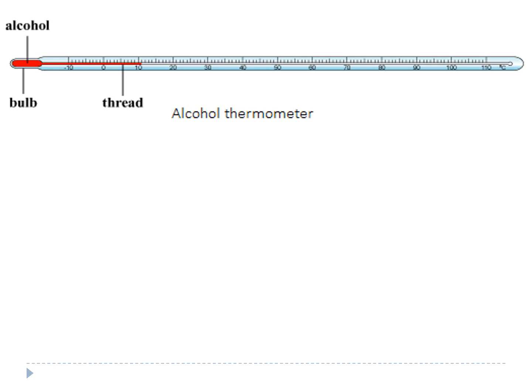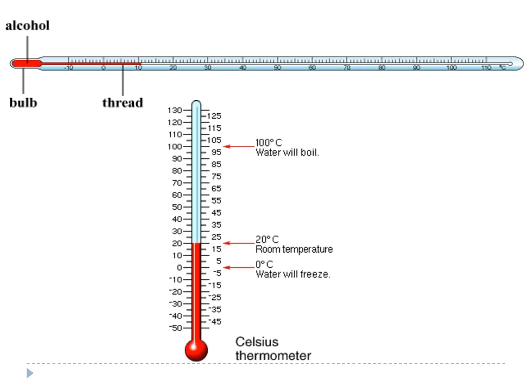The bulb is kept in contact with the object whose temperature is to be measured, so that its temperature becomes the same as that of the object. Because of the increased temperature, the alcohol inside expands and its level in the tube rises. Using the properties of expansion of alcohol, the temperature can be obtained from the level of the alcohol in the thermometer.